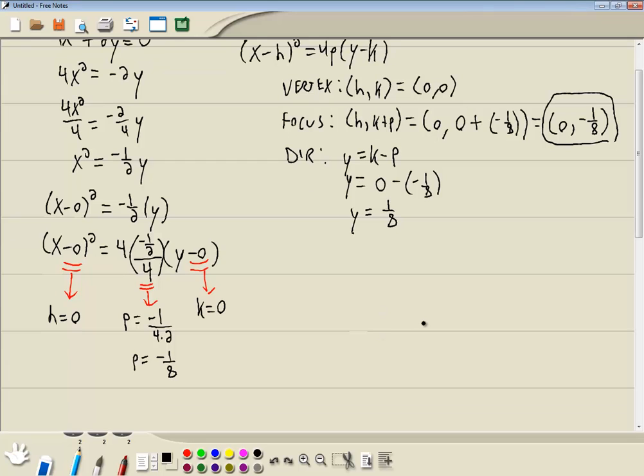Okay, now to graph this. Our vertex is right there, 0, 0. Focus is 0, negative 1/8. Let's say this clear over here is negative 1.